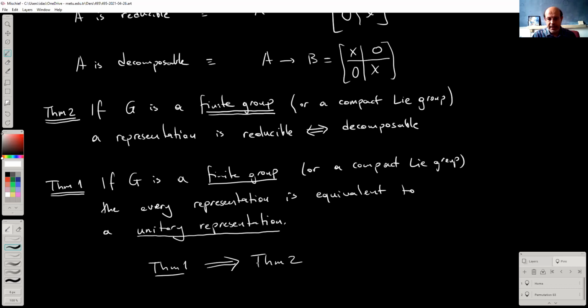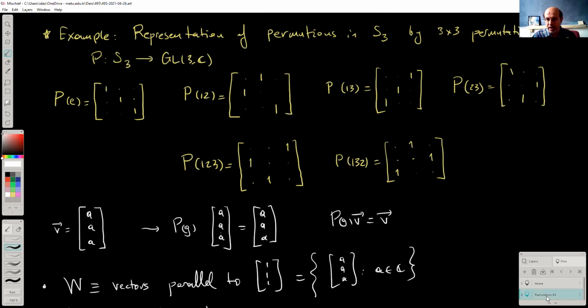In any case, let me come back to this. I think the essential idea is somewhat in here. This particular representation is actually a unitary representation, actually an orthogonal representation where every matrix is an orthogonal matrix, right?